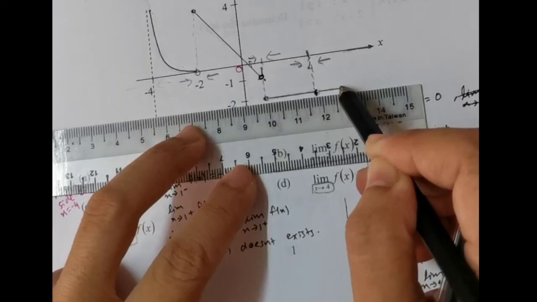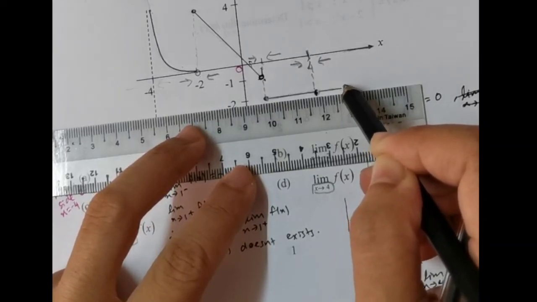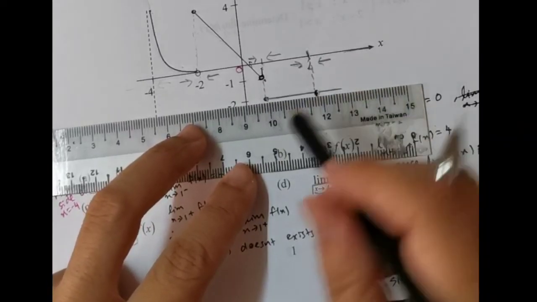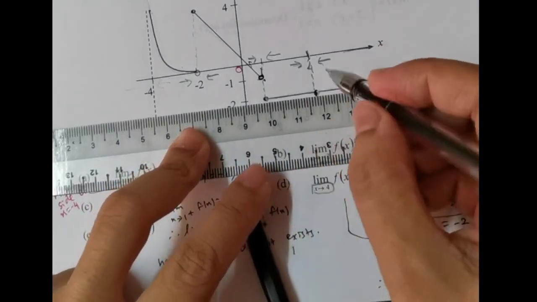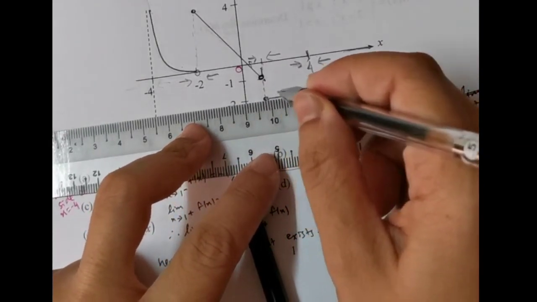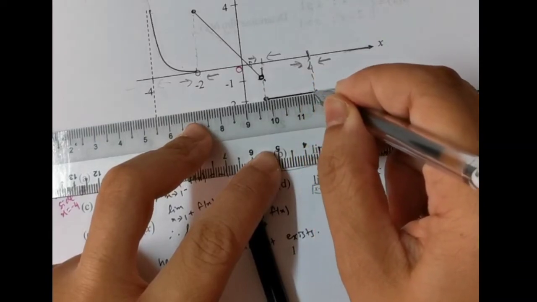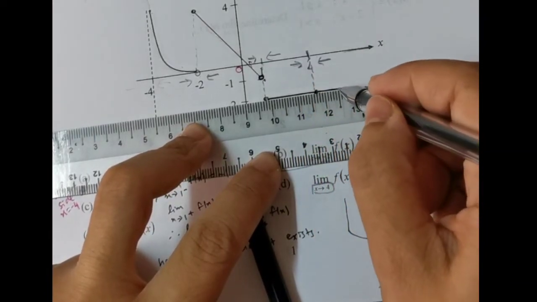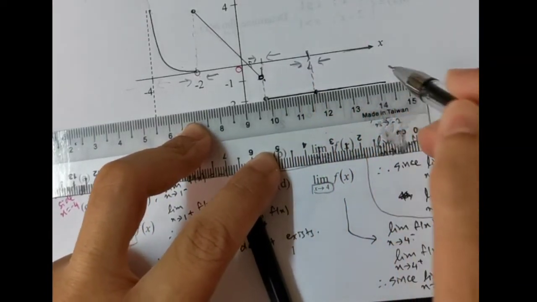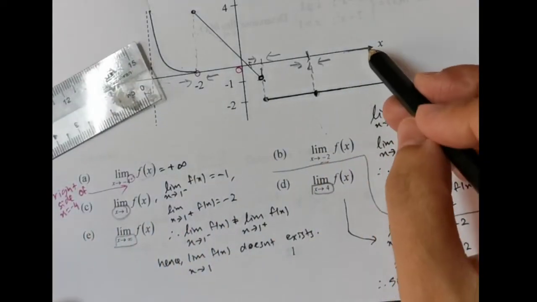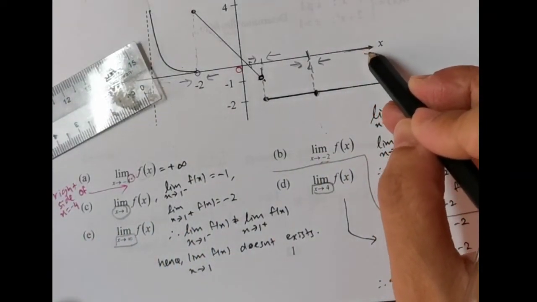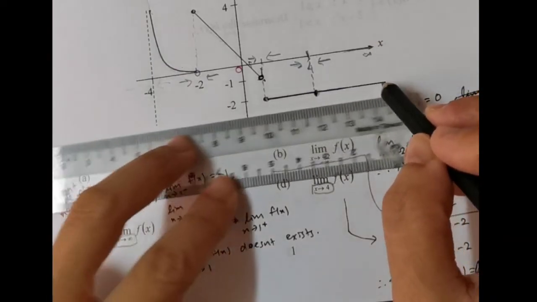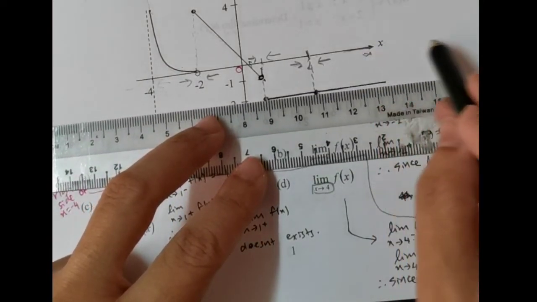There's no empty circle here. There's no solid circle here. So that means this graph doesn't even stop. It's just not drawn long enough. So we have to draw this graph longer, extend the graph. As you can see, at positive infinity, this graph will still continue.